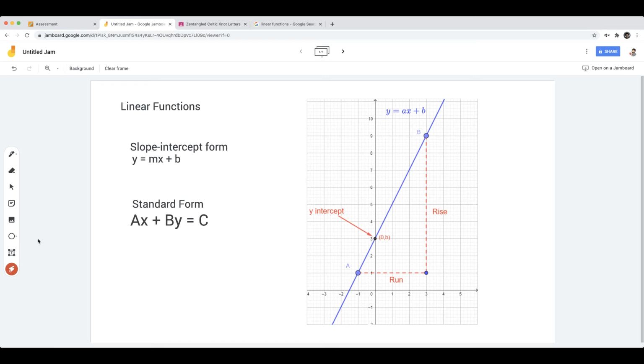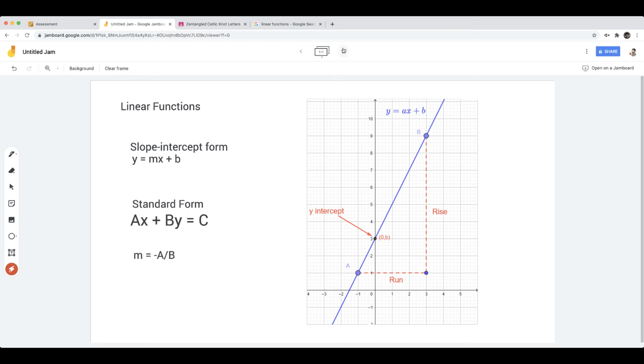But in this case, the slope m would be equal to negative a divided by b. Because whatever this value is, it needs to move over to the other side of the equal sign, right? And then this b will divide. So that'll give you the slope if it's given to you in standard form.